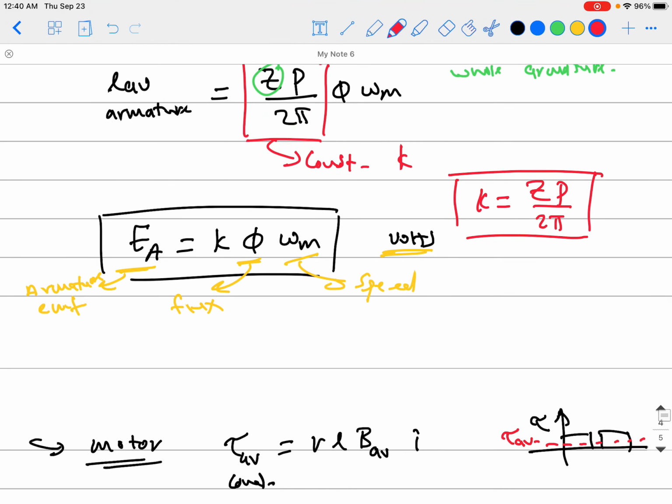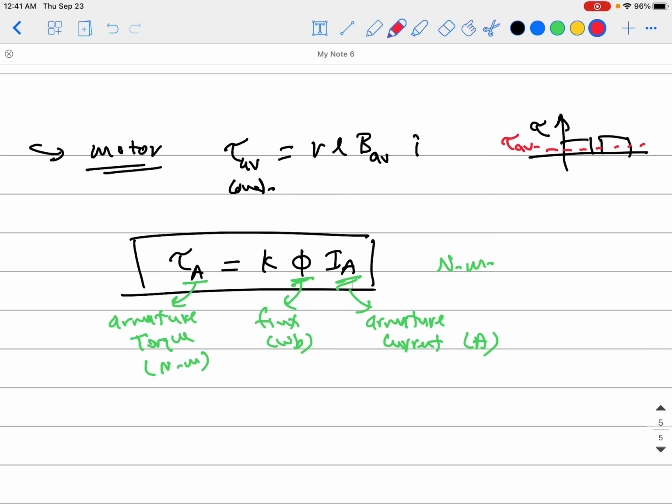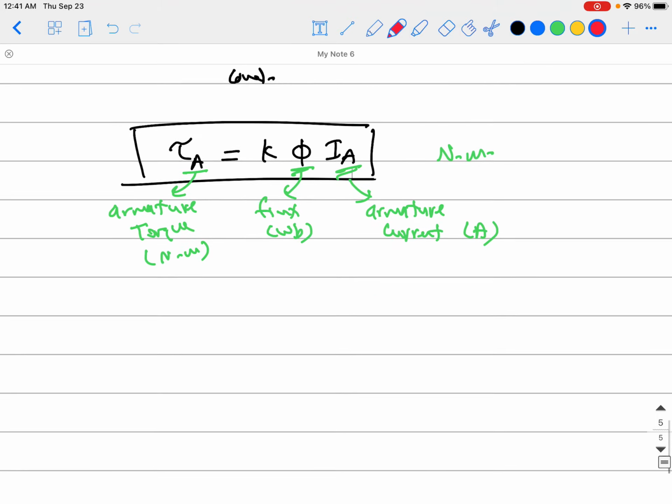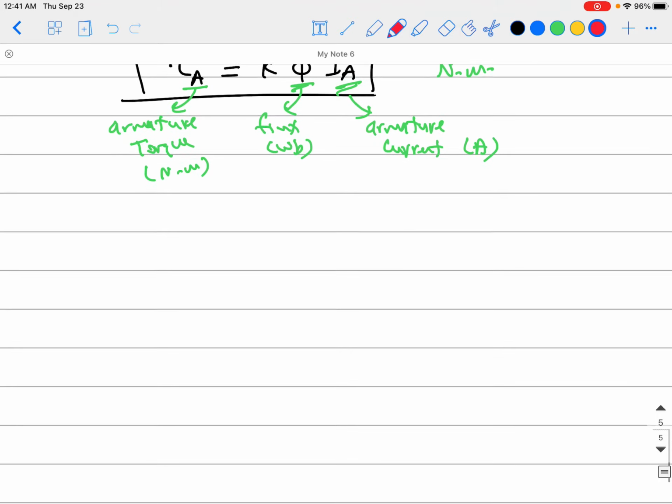The same idea here, we're talking about a torque. A torque means a conductor carries current inside a magnetic field. So here's a conductor, the constant K, which holds the number of conductors Z, multiplied by current inside a magnetic field phi. That is the whole point here.